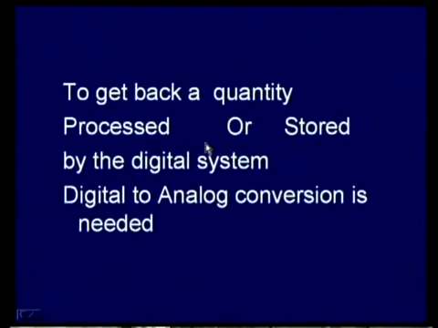Hence, to get back those processed values in their original analog form, we require a back converter, that is the digital to analog converter. So, to get back a quantity processed or stored by the digital system, a digital to analog conversion is required.